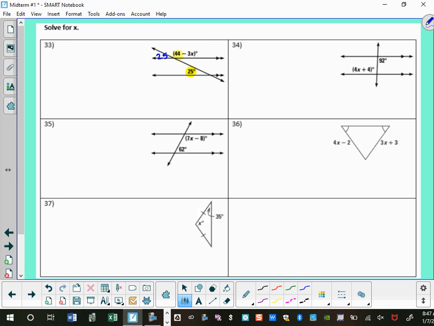Because both of these angles are on one line, they form a straight angle. What is that equal to? They're equal to 180. So we have 25 plus 44 minus 3x is equal to 180. I combine both of those angles to equal 180.